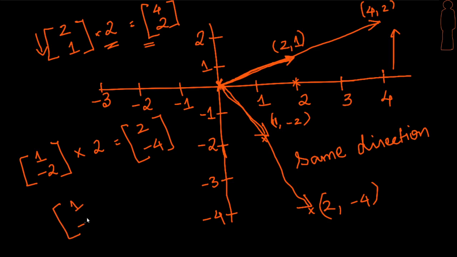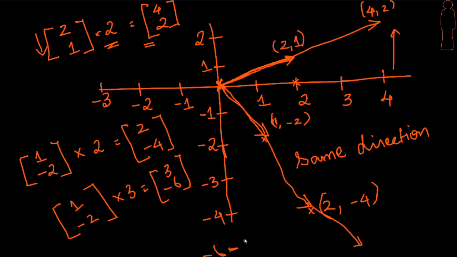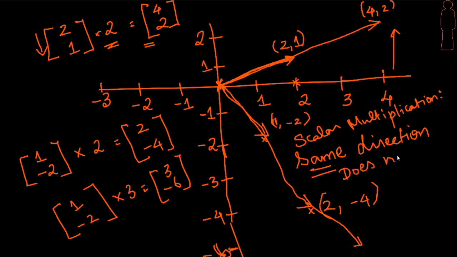You pick up (1, -2) and let's triple it, and therefore we will be getting (3, -6), and you would find that it would still continue in the same direction, and this would simply continue, which means that our conclusion is scalar multiplication does not change the direction of the vector, or the resultant vector happens to be in the same direction as the original one.